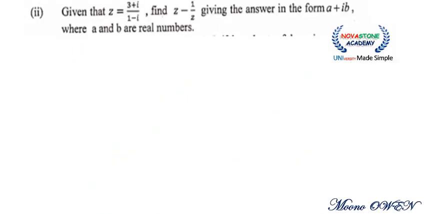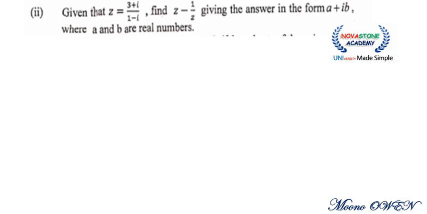Now when you come to question number 2, we've been given that z is 3 plus i over 1 minus i. Find z minus 1 over z, giving the answer in the form a plus ib, where a and b are real numbers.